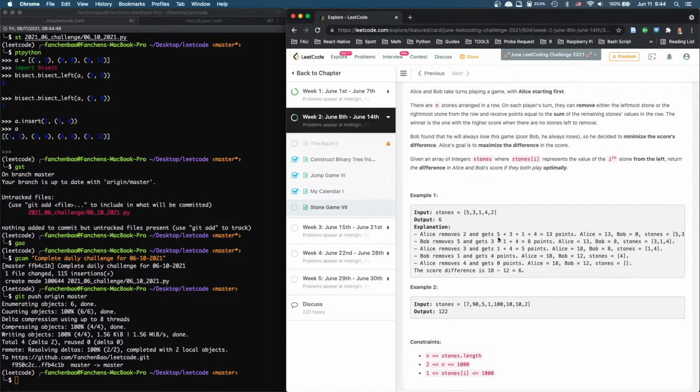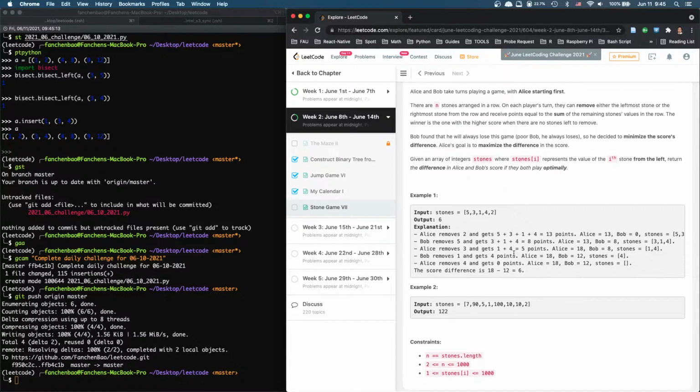And then Alice is going to remove 1. Alice is going to get 8. Alright, let's see. Follow your scheme. What's going to happen? So Bob's goal is to minimize the score difference. Alice's goal is to maximize the difference. You'll always lose the game.